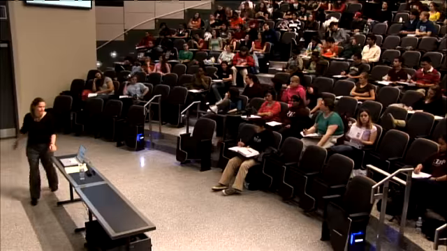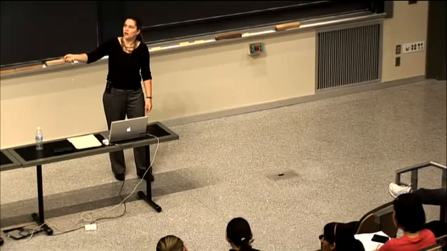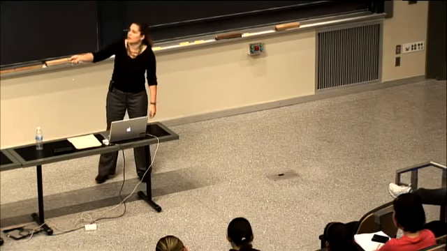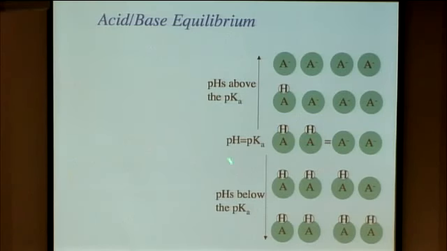So let's look at the figure that's in today's handout and think about this. When the pH equals the pKa, you will have an equal number of moles of something protonated as deprotonated. If you're at pHs above the pKa, you'll be more deprotonated. At pHs below the pKa, you'll be more protonated.